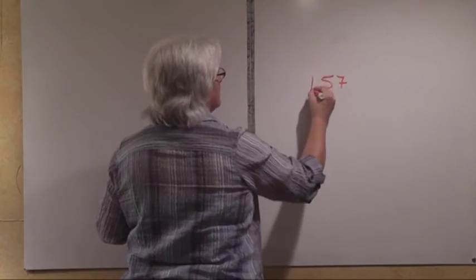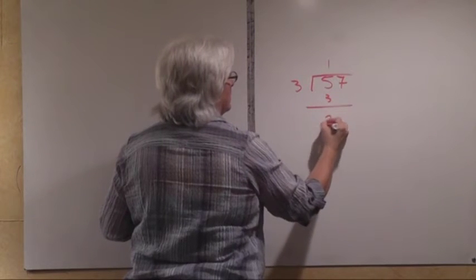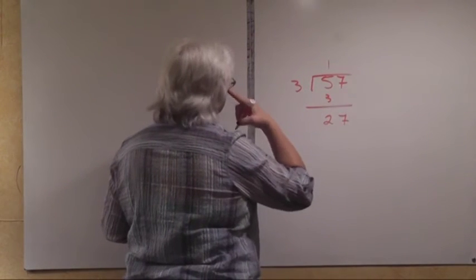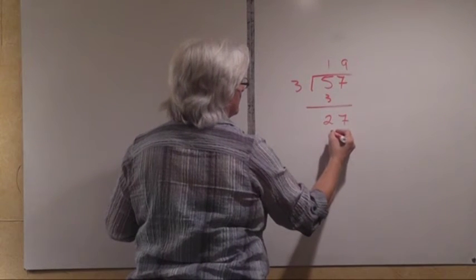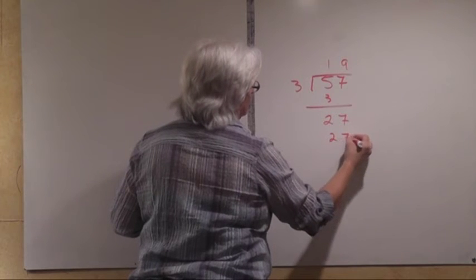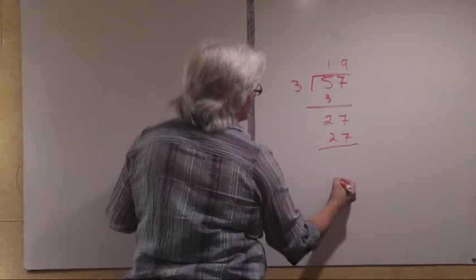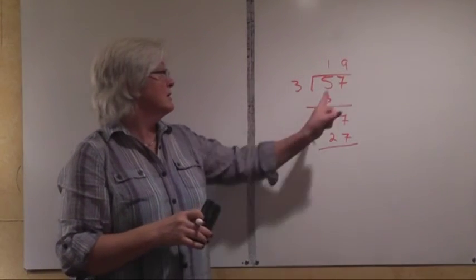Let's see what we get. 57 divided by 3. We bring down the 7. And we have 27, which is divisible by 3. 3 times 19 is 57.